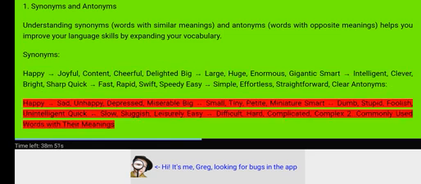Antonyms. Happy: sad, unhappy, depressed, miserable. Big: small, tiny, petite, miniature. Smart: dumb, stupid, foolish, unintelligent.